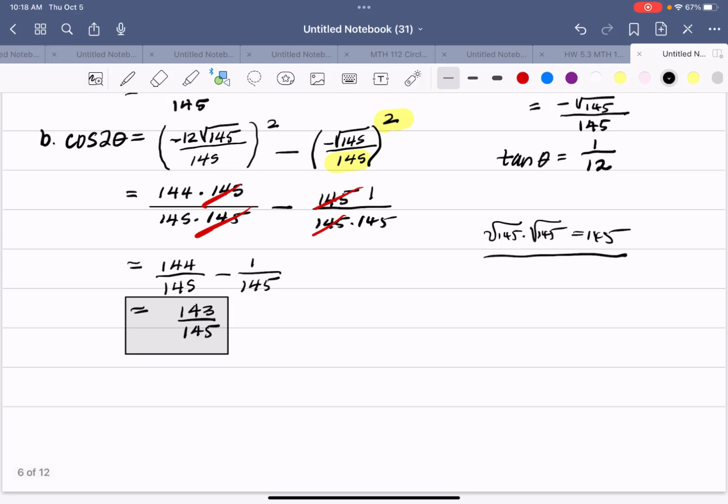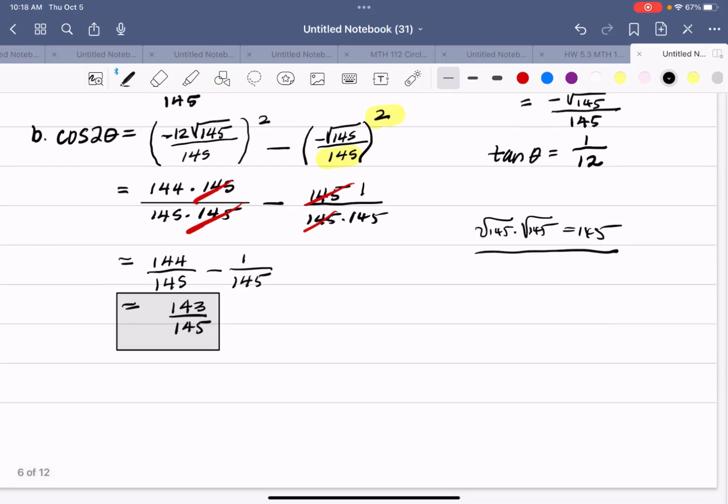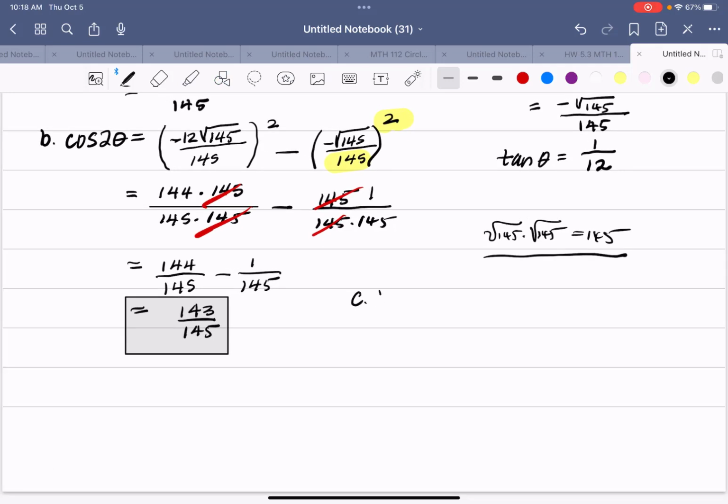And finally, we're going to do the tangent of 2 theta. I'll go ahead and remind you what the formula is. 2 tan theta, and all of that is over 1 minus tan squared theta.